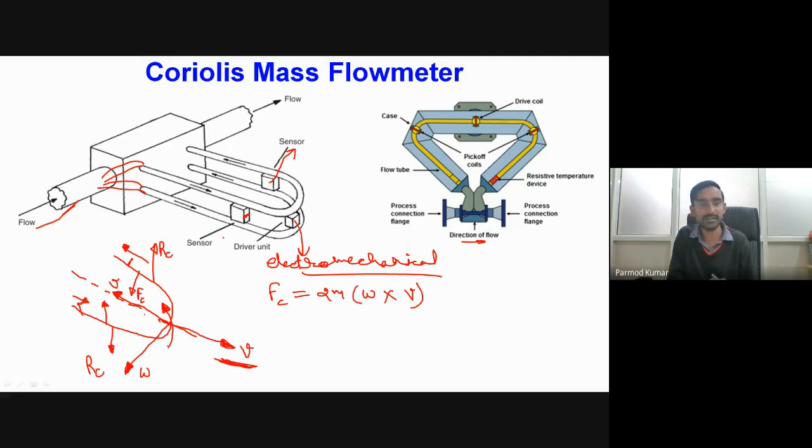So what we will be doing over here is measuring the difference of displacement between these two portions of the tube, and that difference of displacement will be proportional to the mass flow rate of the fluid medium which is flowing inside this tube. Okay, so this is the entire mechanism from the fluidic point of view, or from the force analysis point of view, of why we are getting different tube displacement on the left and right portions.